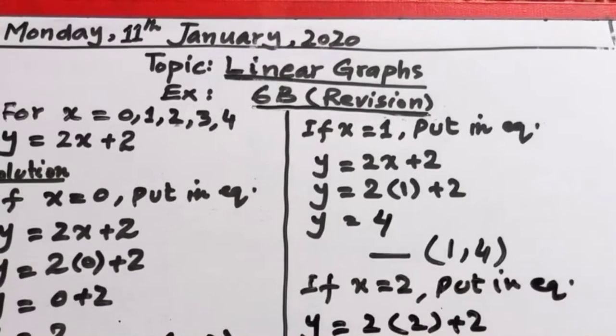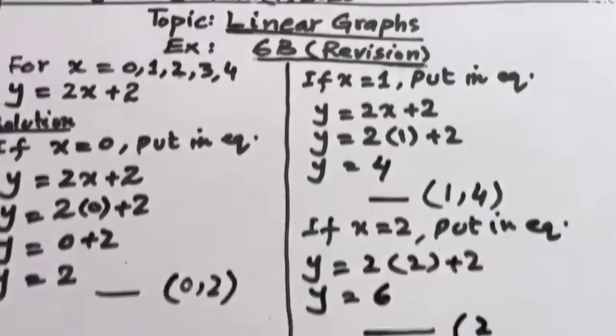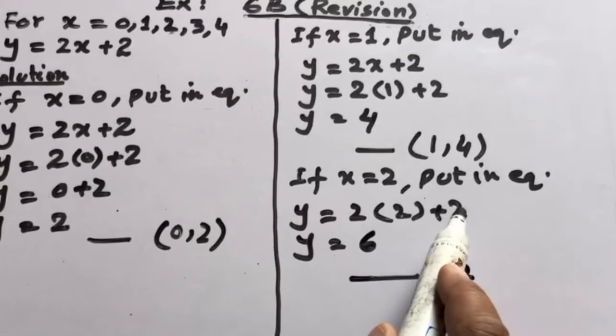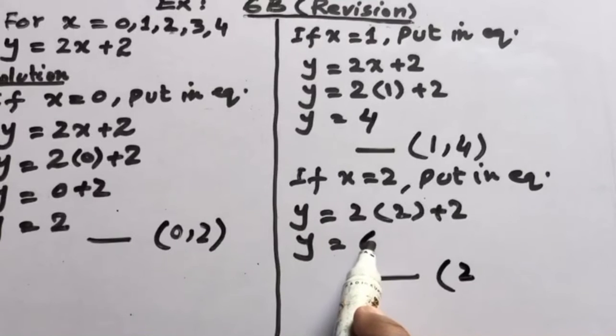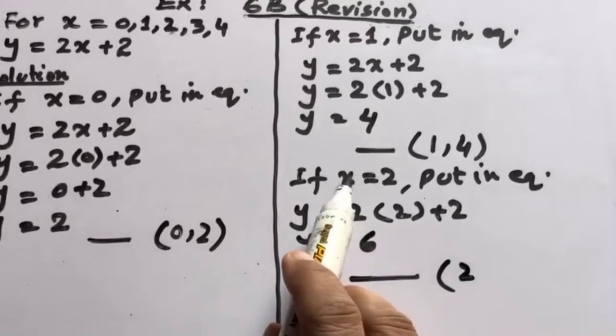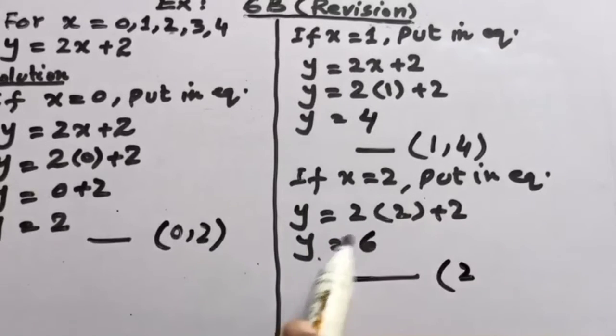By simplifying, 2 2s are 4, 4 plus 2 becomes 6. So value of y becomes 6. So we get the next point, in which x is equal to 2 and y is equal to 6. So we have found the third point.